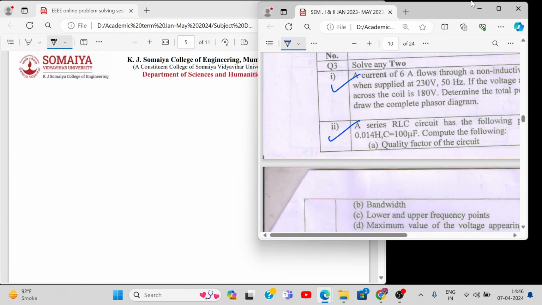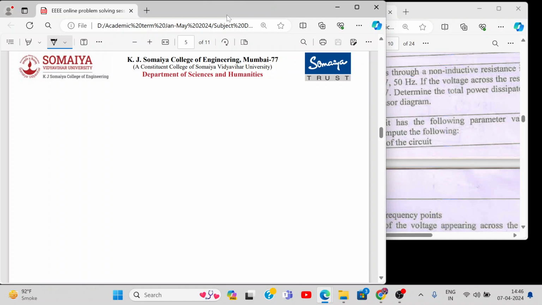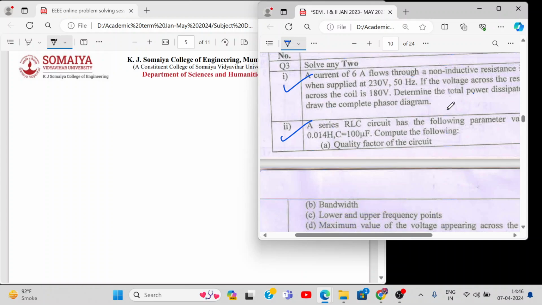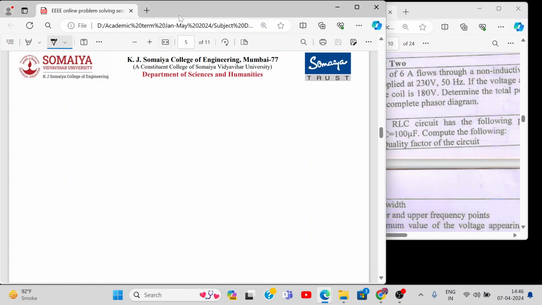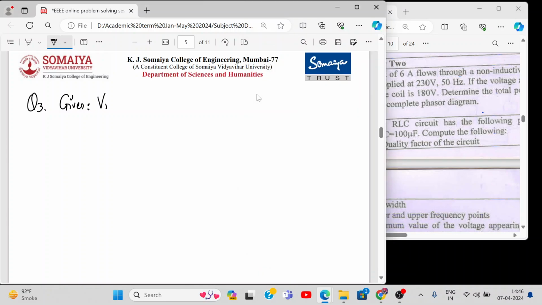Okay, what is the given data? Let's solve this. This is question number 3.1. What is given to you? Supply, so this is the RMS value.